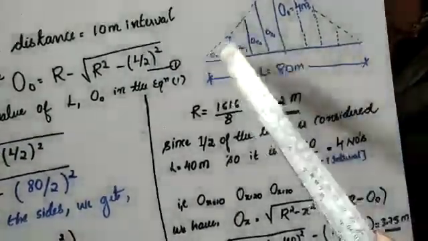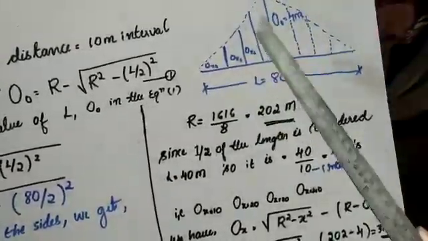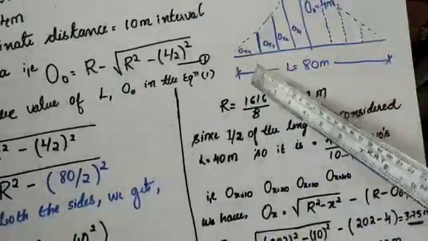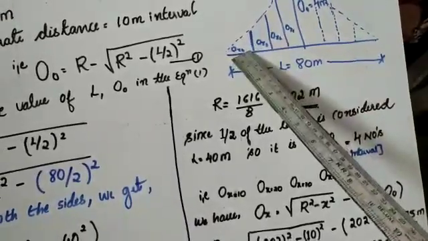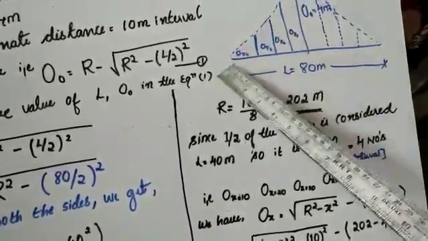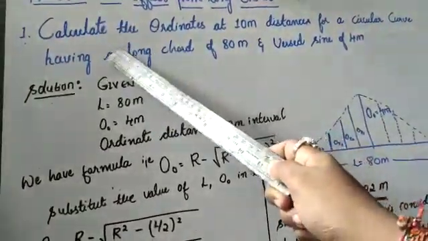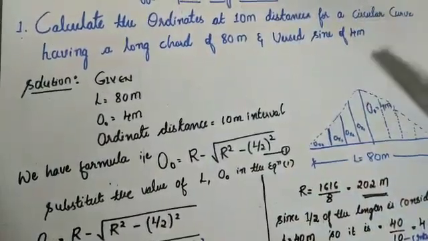Since both sides are equal, the values you get on this side, the same thing you will get on this side also. So the half length is considered and we are going to find out the value of the ordinates, because the question is you need to calculate the ordinate at 10 meter distance for a circular curve.